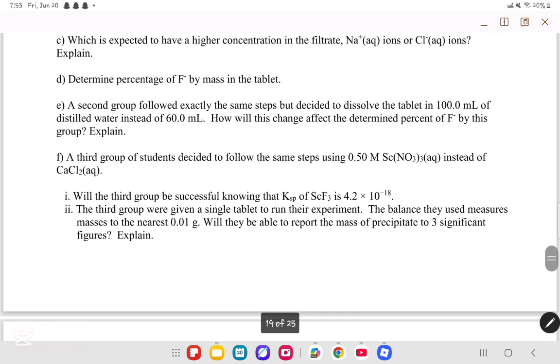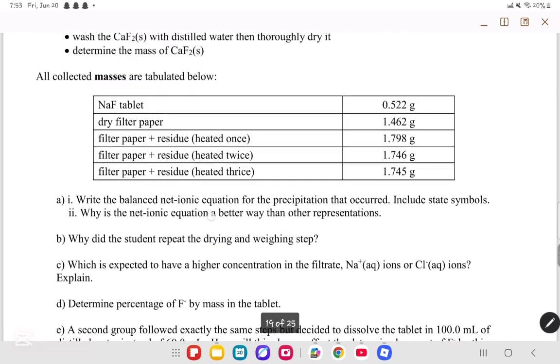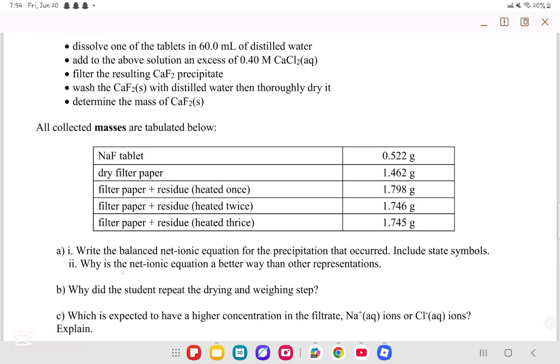Part C, what is expected to have a higher concentration in the filtrate? Na+ aqueous ions or Cl- aqueous ions? Now, let's look at it from this side, and let us find the number of moles of each of them, right? So, we're dealing with CaCl2 and NaF, right? Which one did we add in excess?